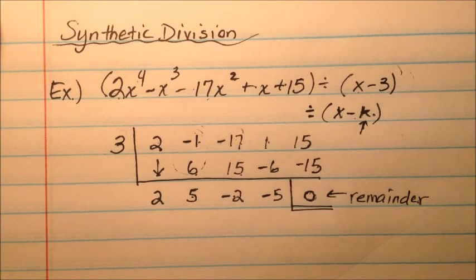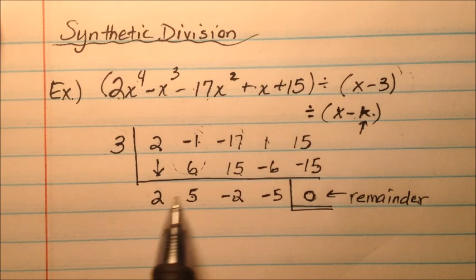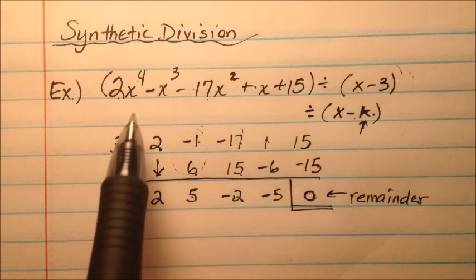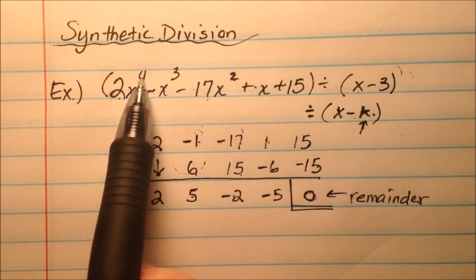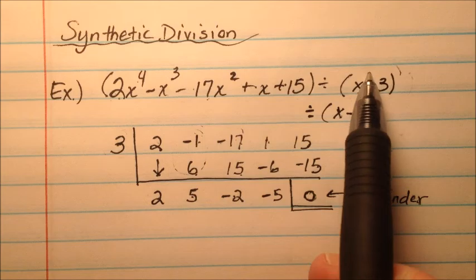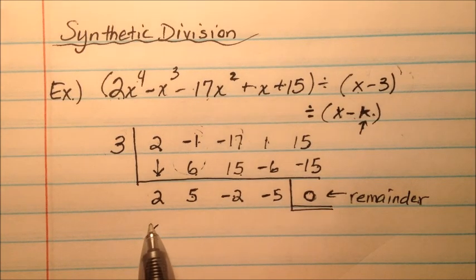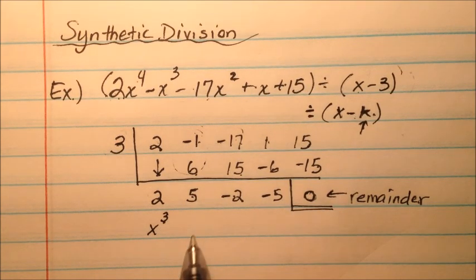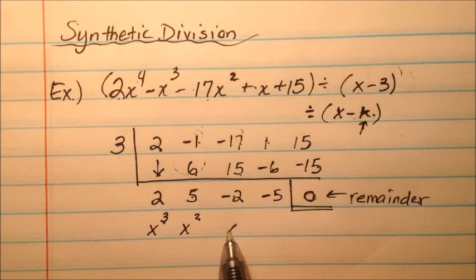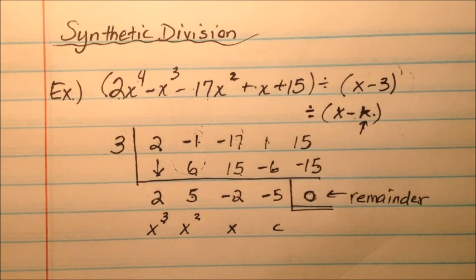Okay, so what does this mean for our quotient then? We've just got numbers here. So this is a 4th degree polynomial, and this is a linear, so 1st degree polynomial. So when we divide, 4 minus 1 makes 3, so the degree of this polynomial will be 3. And this will be my x squared term, my x term, and I put c for constant.